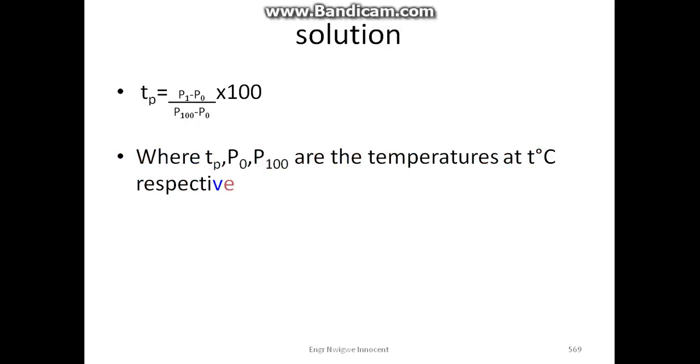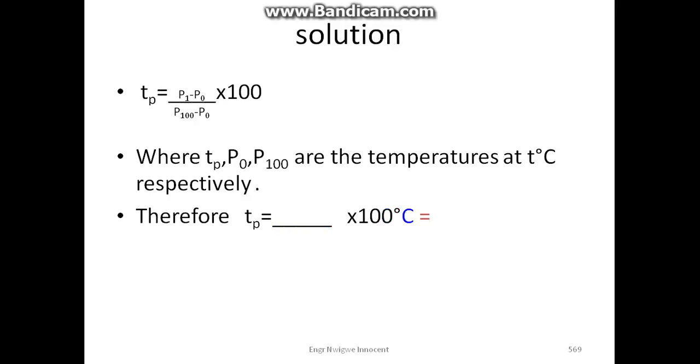Solution. Tp is equal to Pt minus P0 all over P100 minus P0 times 100, where Tp, P0, P100 are the temperatures at t degrees centigrade respectively.